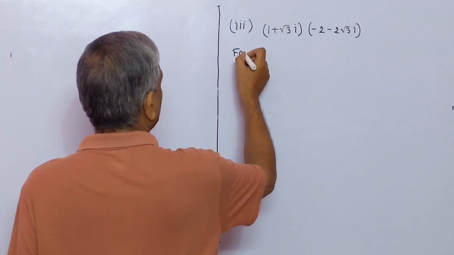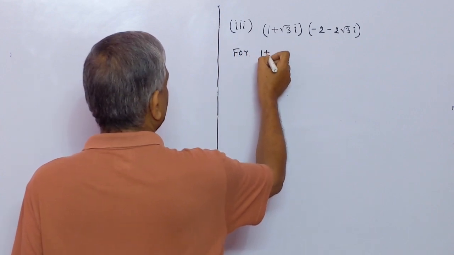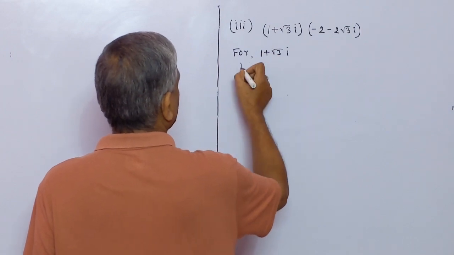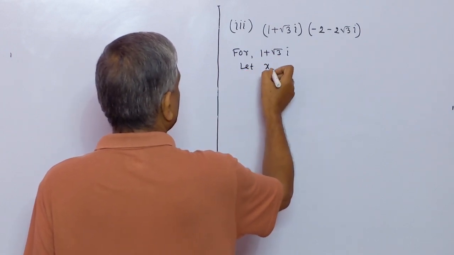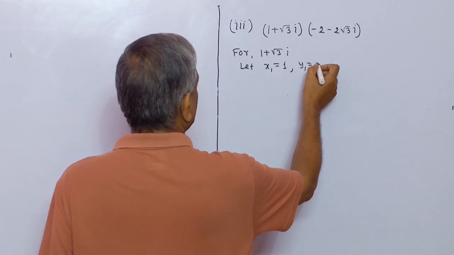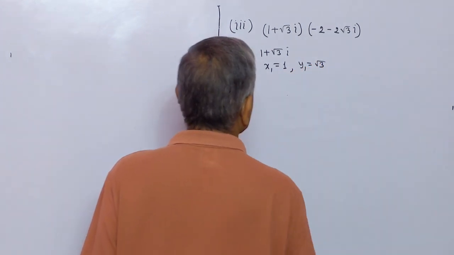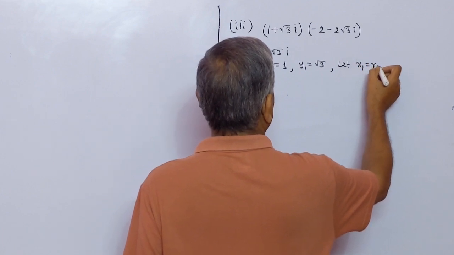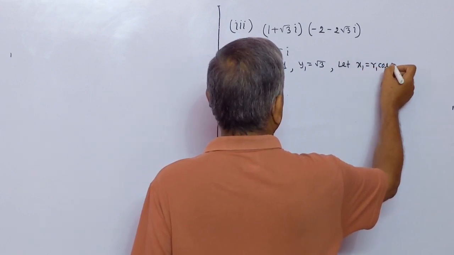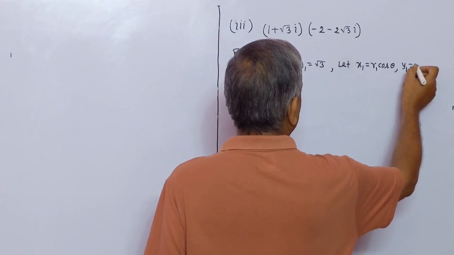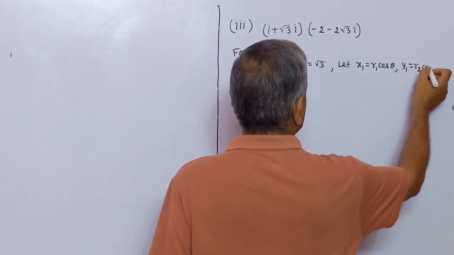For 1 plus square root 3 i, let x1 equal to 1, y1 equal to square root 3. Let x1 equal to r1 cos theta, y1 equal to r1 sin theta.